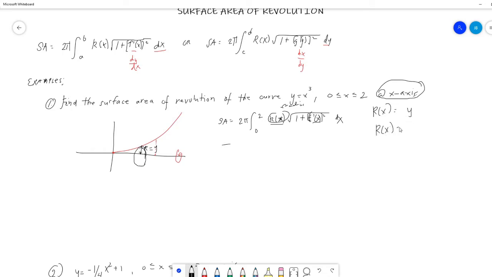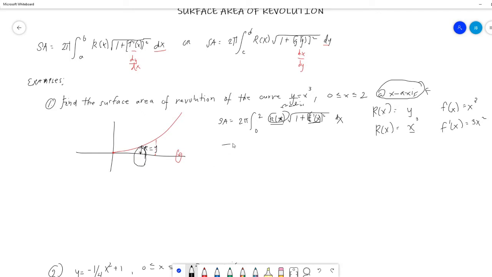So r of x is equal to x cubed, because we want it in terms of x since it's at the x-axis. Now, to solve for f of x, the function y is equal to x cubed. So basically, f prime of x is just equal to 3x squared.